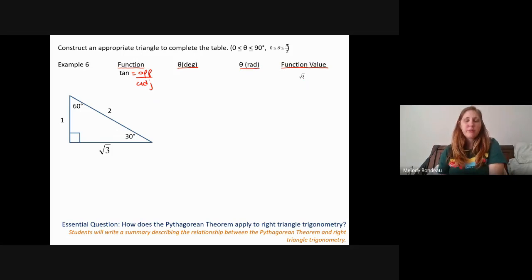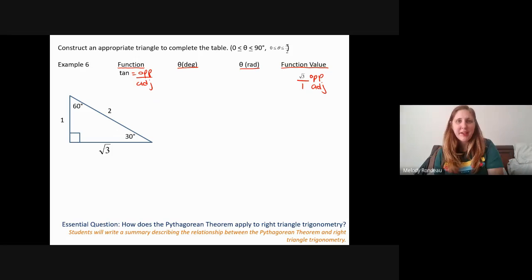The function value is root 3. We have to figure out what angle they are talking about. Whenever you're dealing with trig functions, we know it's supposed to be opposite over adjacent. I would make this a fraction because then I have 2 numbers to work with: the square root of 3 is my opposite and the 1 is my adjacent. Which angle is going to match that?